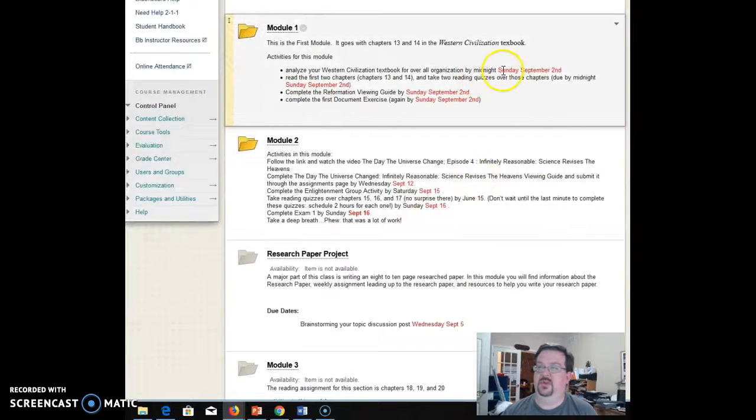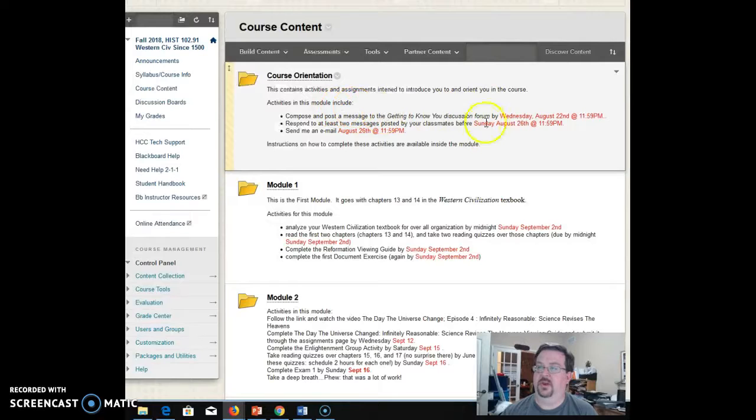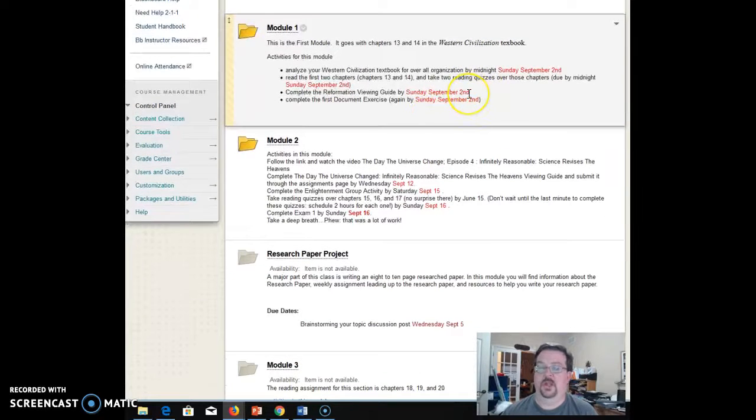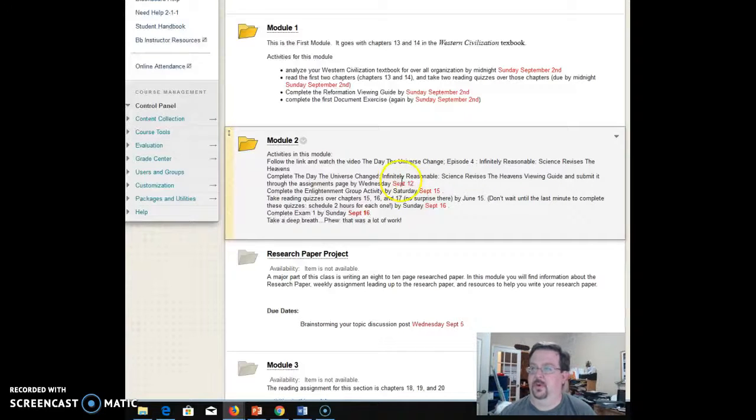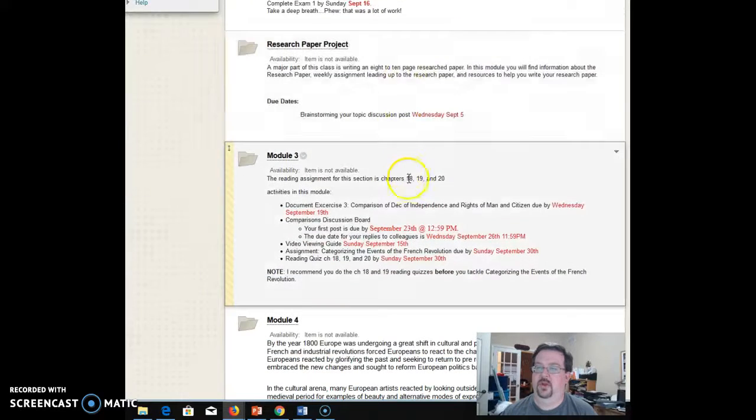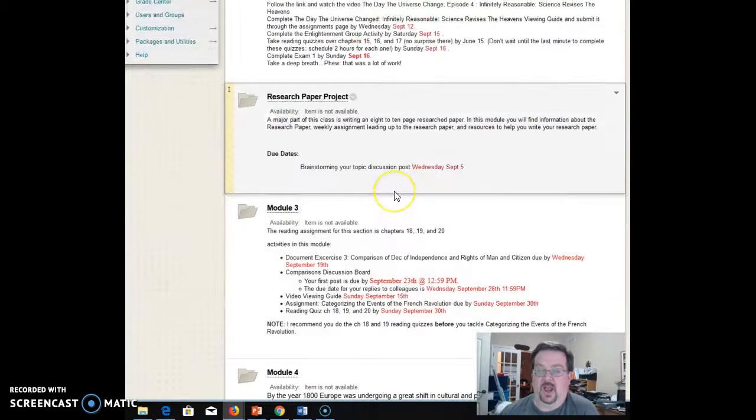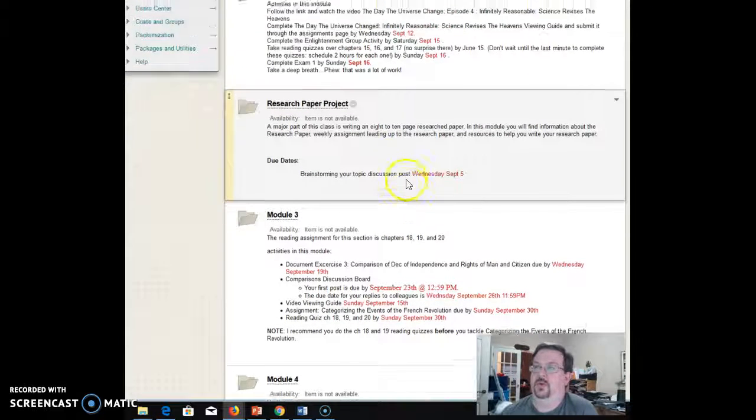You can see for the first one, the orientation has some things due by Wednesday. Module 1 doesn't have anything due till the Sunday, but Module 2 does have some things due on the first Wednesday of the module proper. Module 2 is already available.